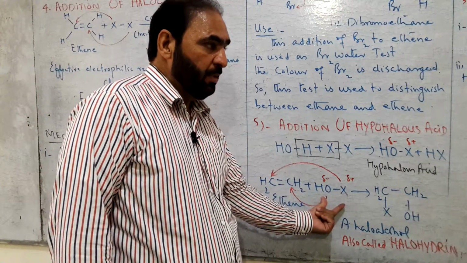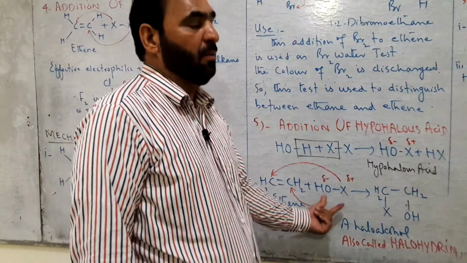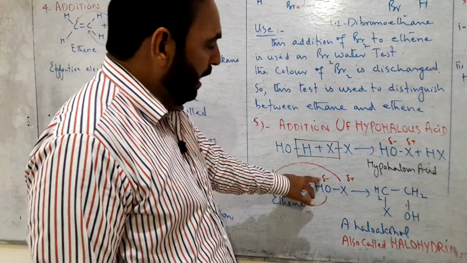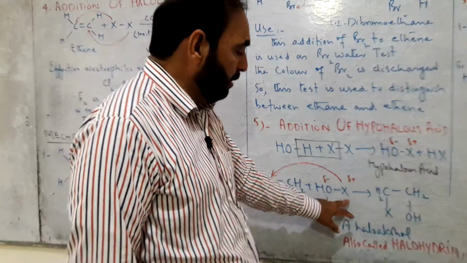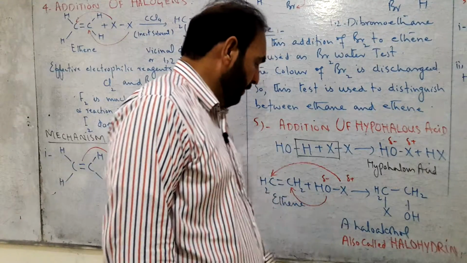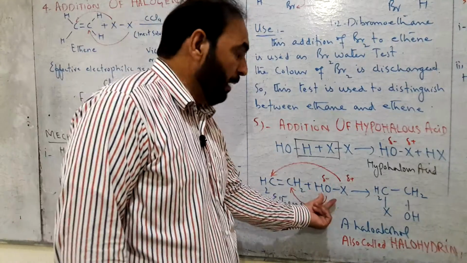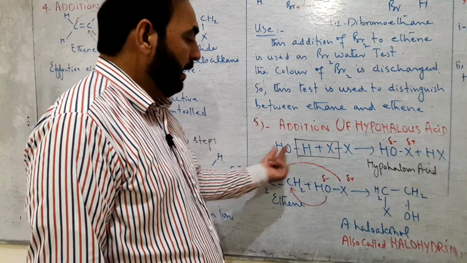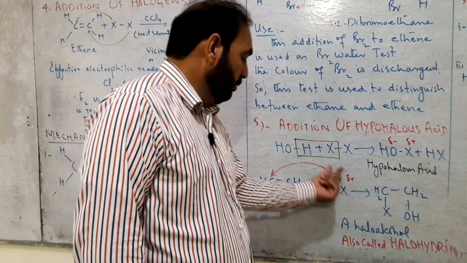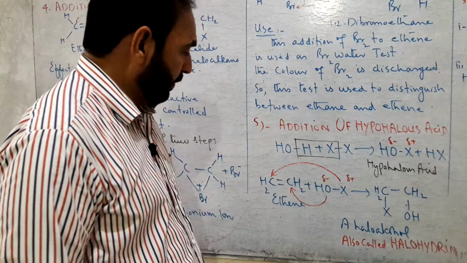Hypohalous acid is an unsymmetrical molecule with partial negative charge on OH and partial positive charge on the halogen atom. One part of the molecule goes to one carbon of the double bond, and the second part of the molecule goes to the other carbon of the double bond.